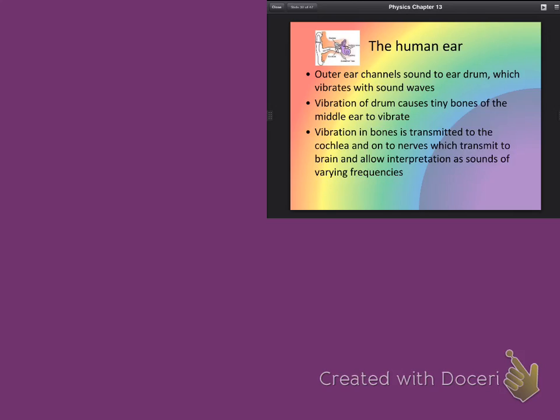Hammer, stirrup, and anvil, thank you. But if you've got all those structures and the nerves are not transmitting correctly to the brain, then you're still not going to get that information. And if you have brain damage in the part of the brain that is interpreting those signals, everything else can be there, and you're still not going to get that information. So it's a rather more complex process than you would think. There are a lot of pieces that have to go right for everything to work correctly.